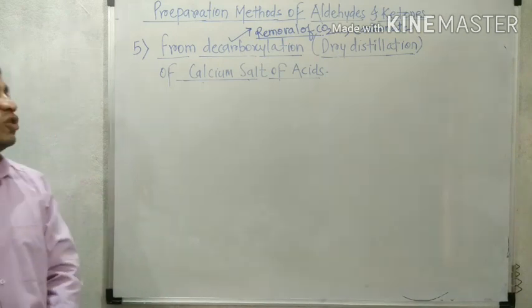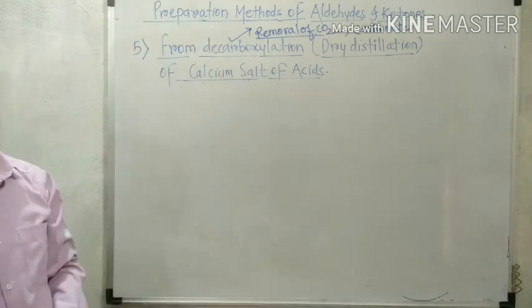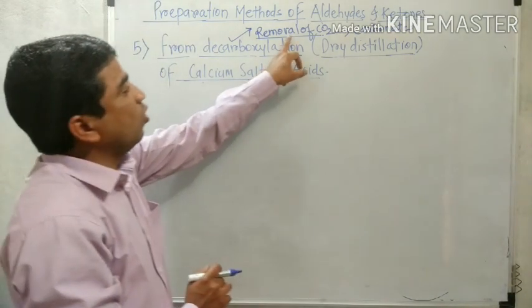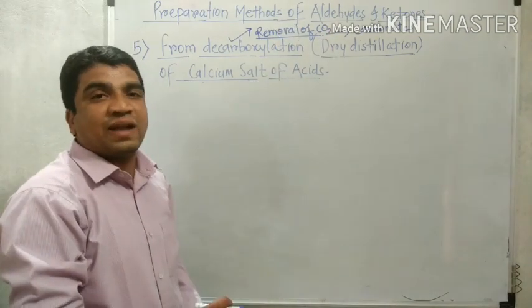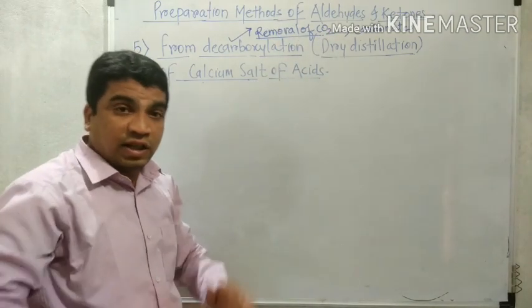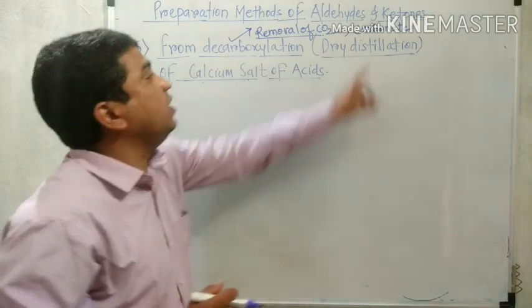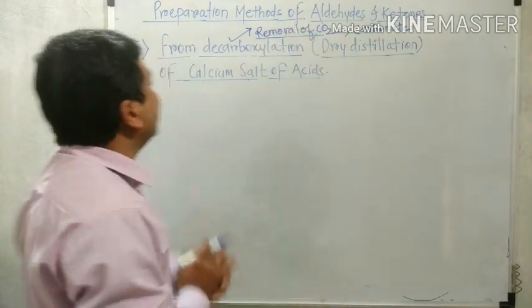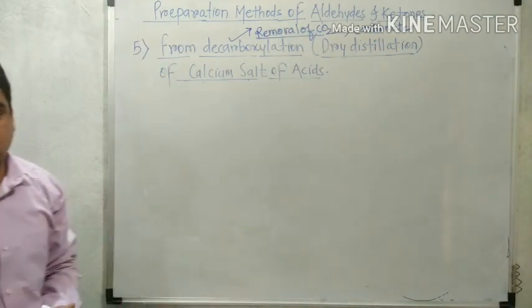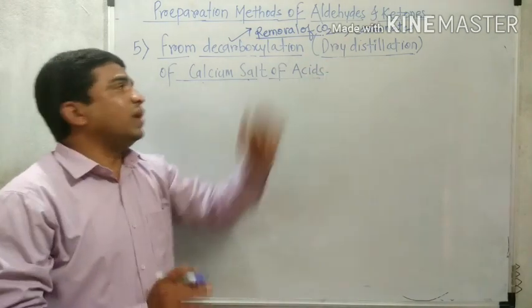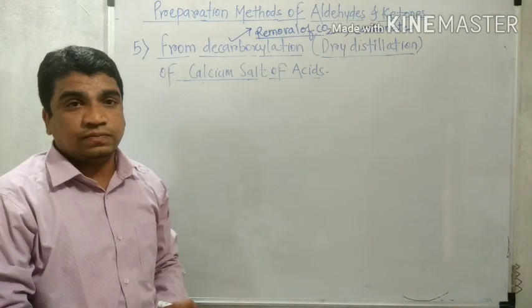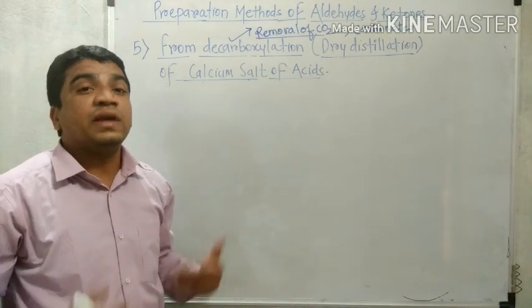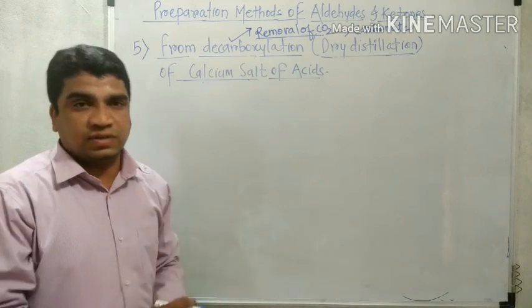So what is the definition of decarboxylation? The reaction in which removal of CO2, that is carbon dioxide, takes place in the form of either gas or carbonates is called decarboxylation. It is also known as dry distillation. Dry distillation means heating at high temperature.